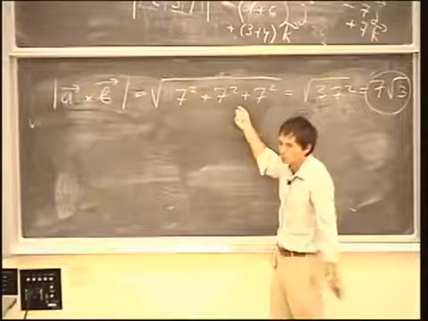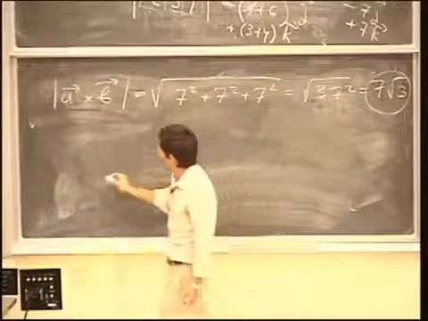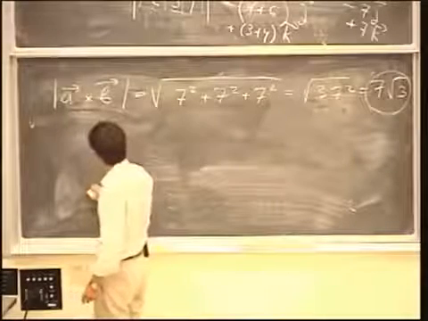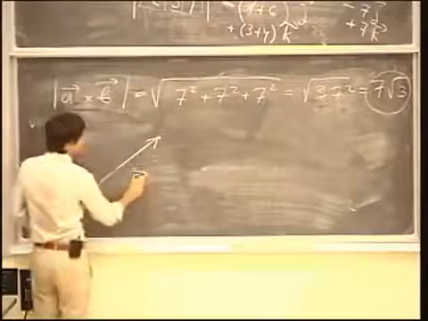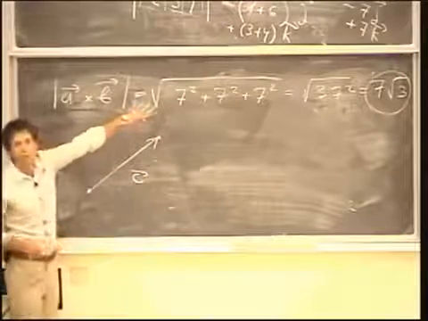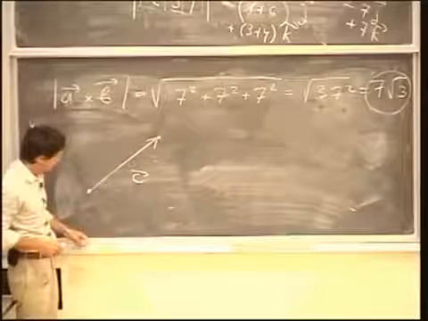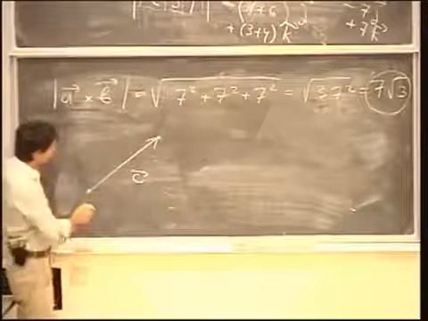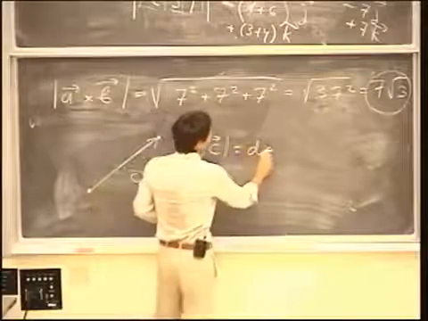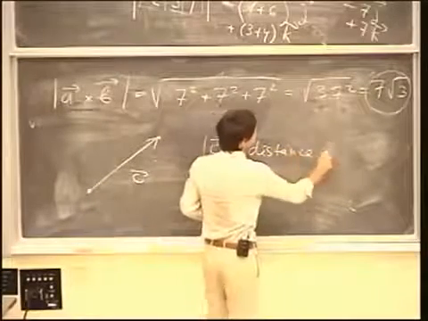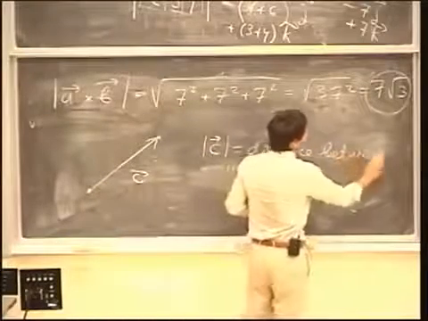We are applying the distance formula, right? So let me just say this, since the question was asked. If this is a vector, and just any vector, not necessarily coming from this problem, could be from any problem, the length of this vector is just the distance between the initial point and the end point.